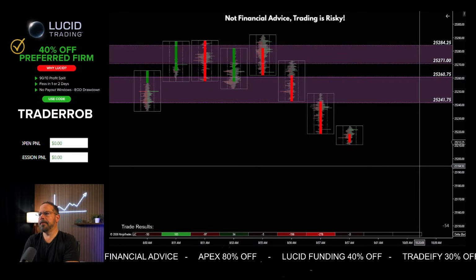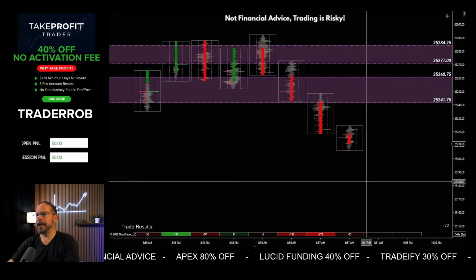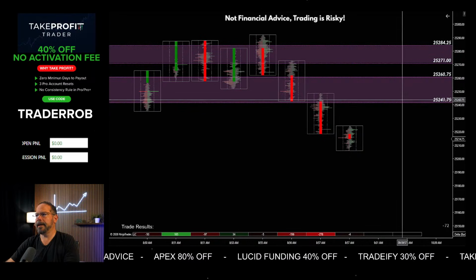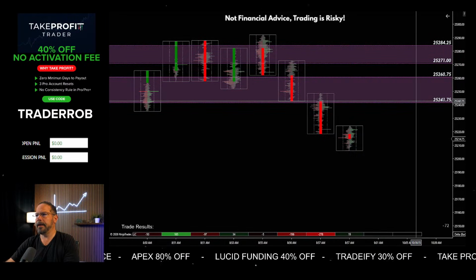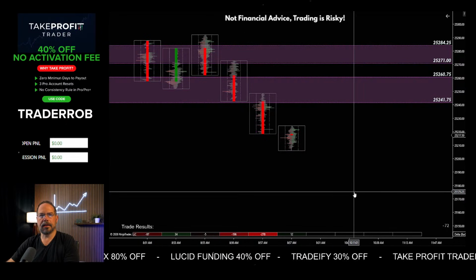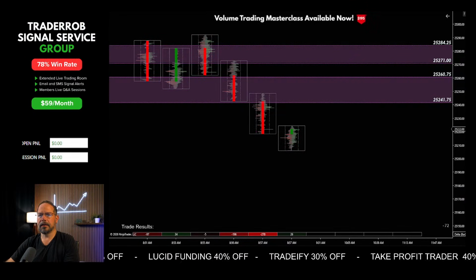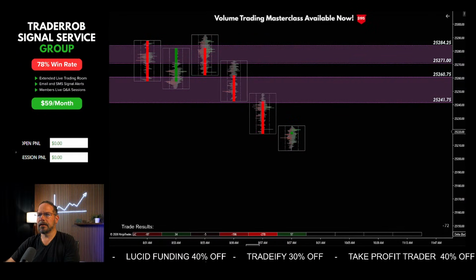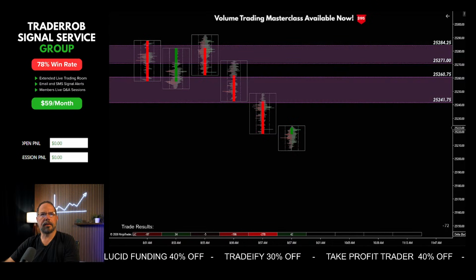I would rather prefer us to expand a little bit, maybe retap into this lower part of this band, and then take a continuation to the downside. We'll see if it gives us that.